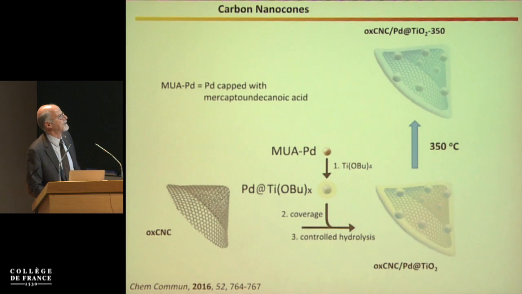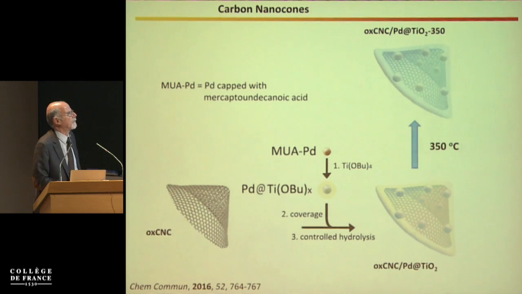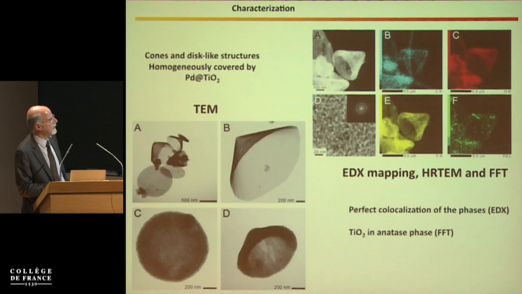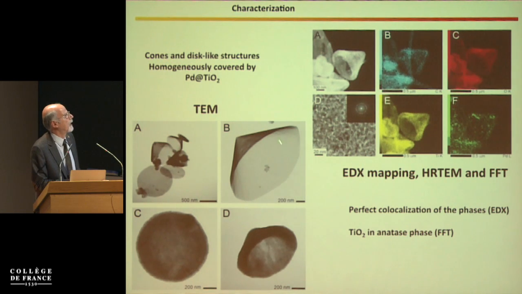We did more or less the same type of chemistry using carbon nanocones. In this case, we applied the same type of chemistry, so we could produce the carbon nanocones surrounded by a layer of titanium oxide and palladium nanoparticles. Here we can clearly see the initial carbon nanocones, and this is after the reaction.